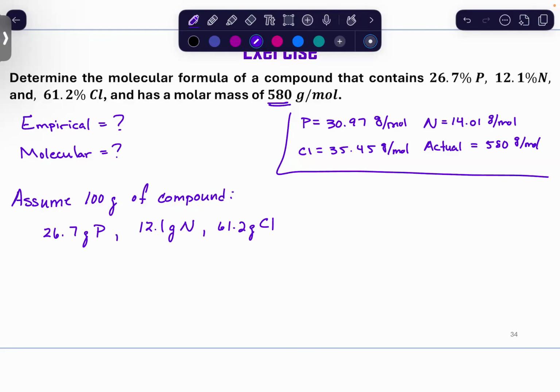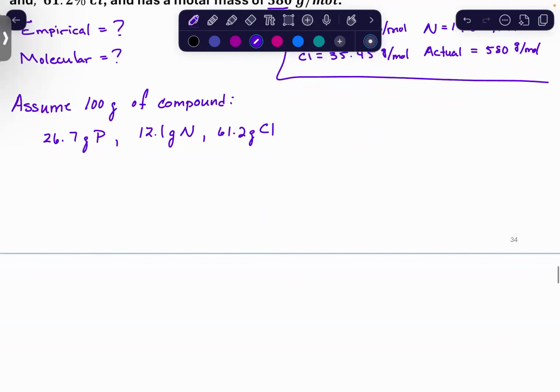Because I can have any mass of my compound I want. So I'm saying I have 100 grams of it. So now, the next thing you're going to need is moles of each one of these atoms. All right. Moles of phosphorus.